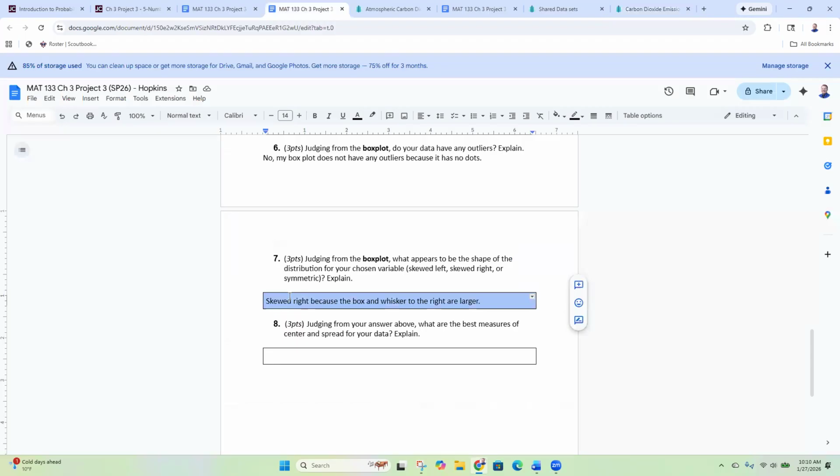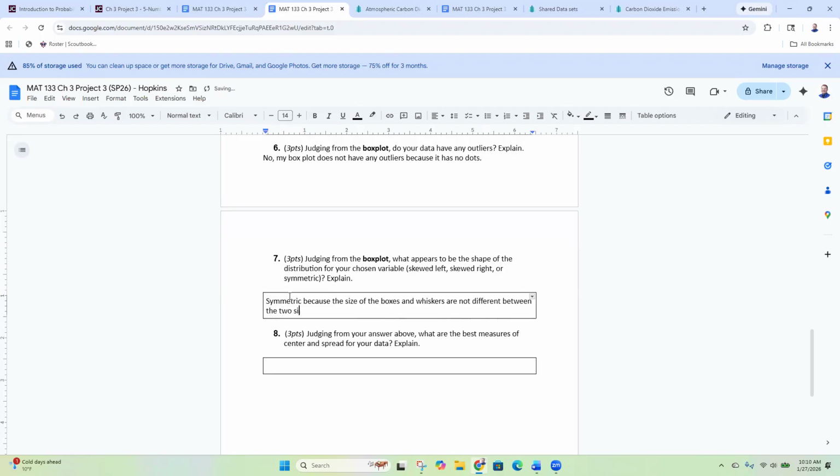So you would say symmetric because the size of the boxes and whiskers are not different between the two sides. Something like that. And again, it doesn't have to be perfectly symmetric for it to count as symmetric.